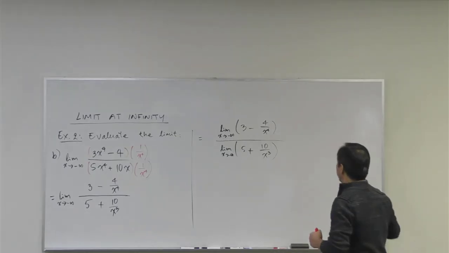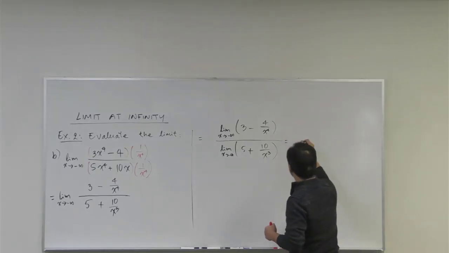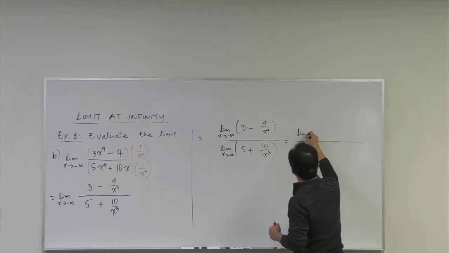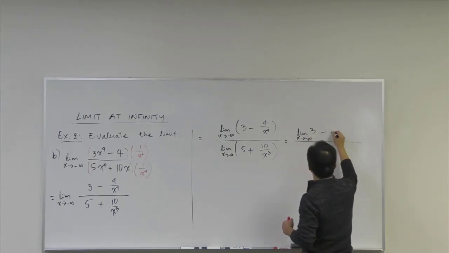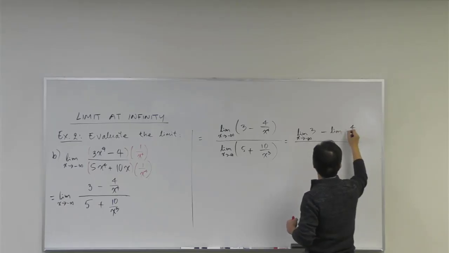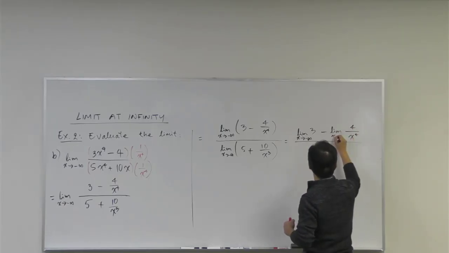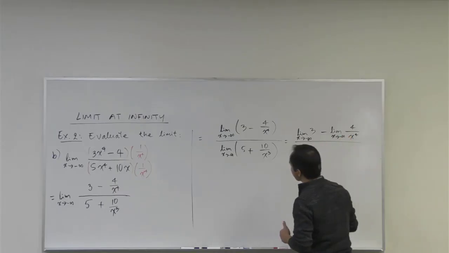Then we can further rewrite this as one separate limit for the constant term 3 in the numerator, and then subtract the limit for 4 over x to the fourth, x to negative infinity.